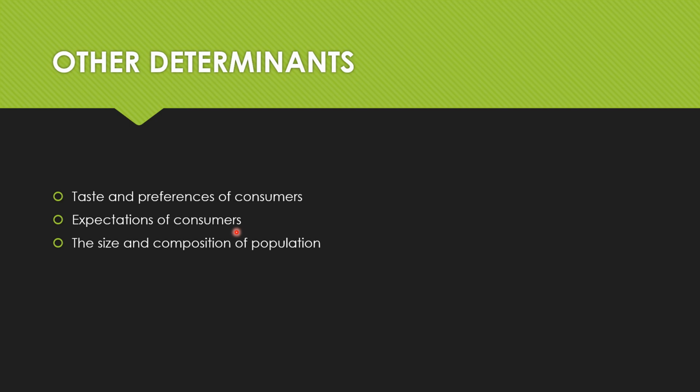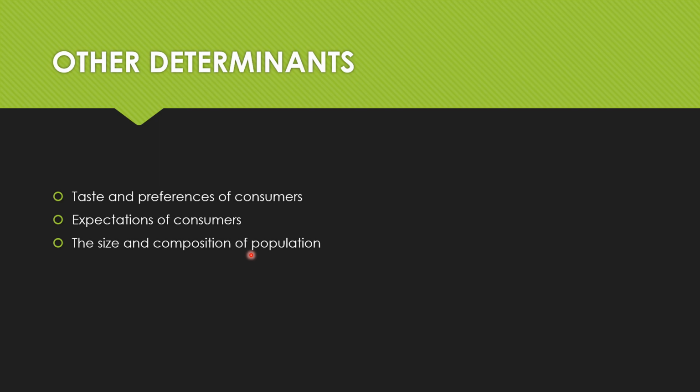The next determinant is the size and the composition of population. Now let's say that in a particular economy there are many kids, or let's say there are many children below the age of 11. So in that particular economy, the sale of toys will be more, right? So the size and the composition of population.